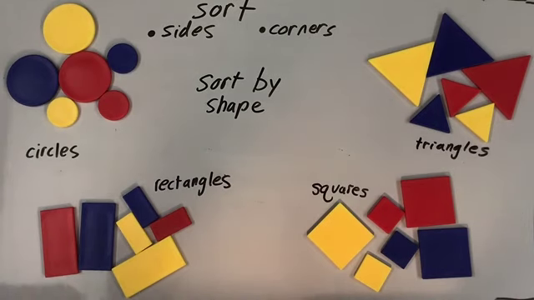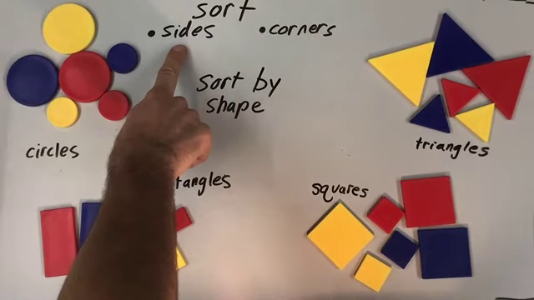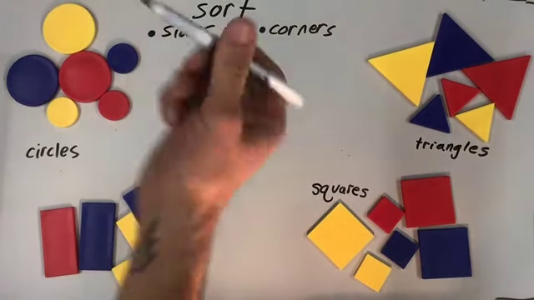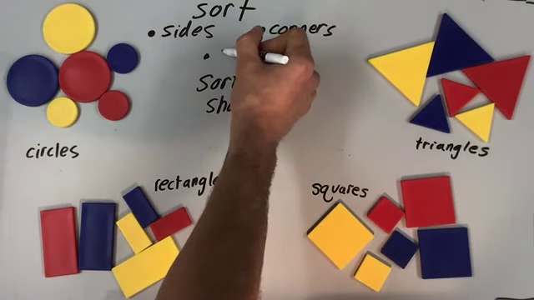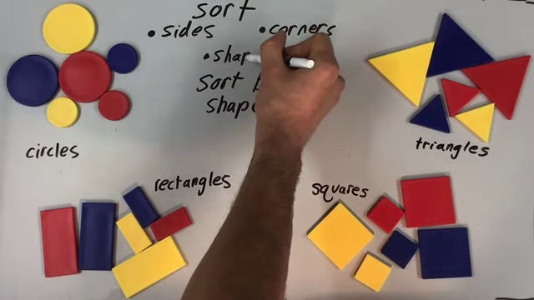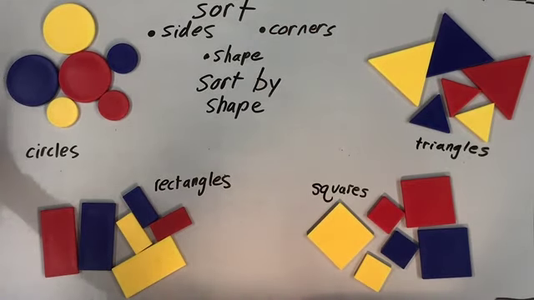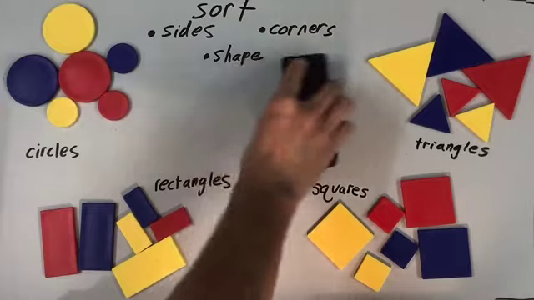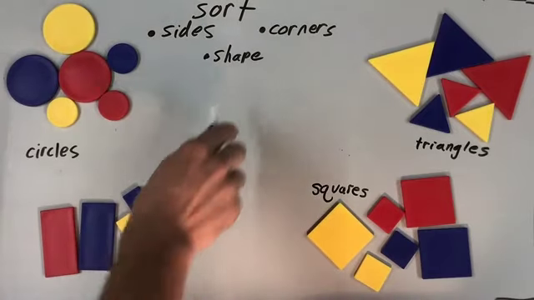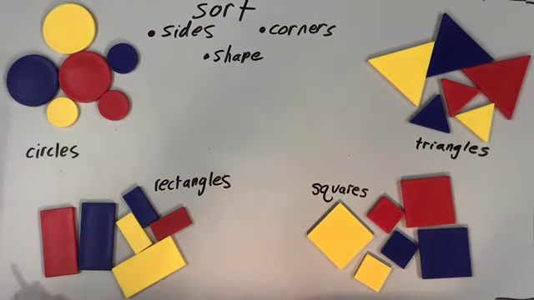So that's what it's like to sort by defining attributes. We sorted by sides, we sorted by corners, and then we sorted by shape. Even though shape sort of is a defining attribute, I suppose.